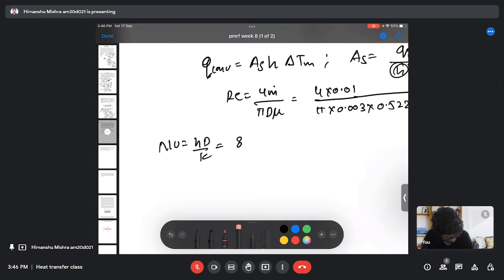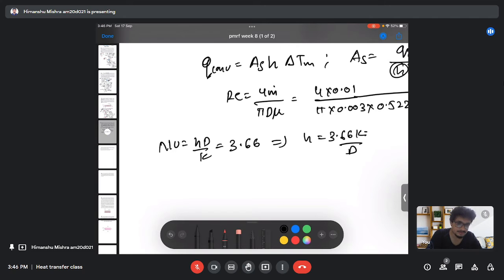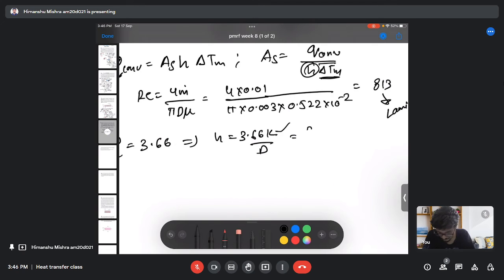as 3.66. So my heat transfer coefficient will be 3.66 K by D. Here, as I said, we will be using the thermal conductivity of the fluid. My thermal conductivity of fluid is 0.26, diameter is 0.003, and this is my heat transfer coefficient.